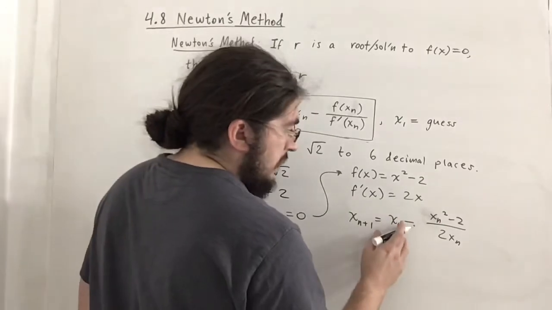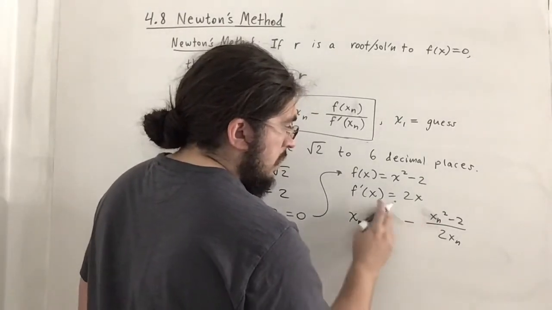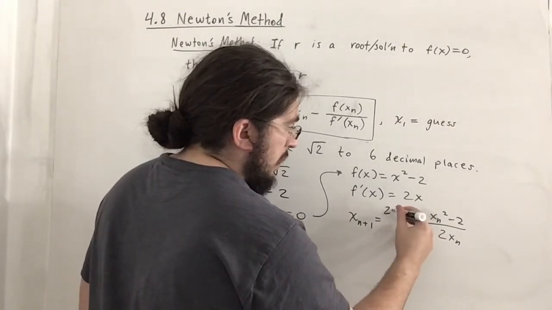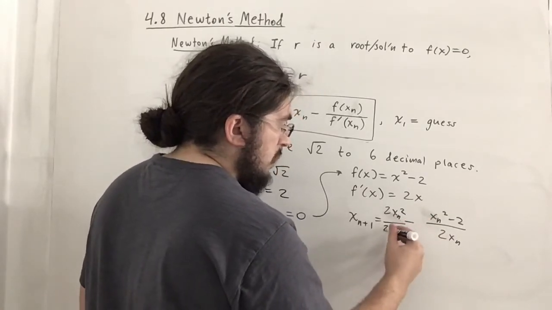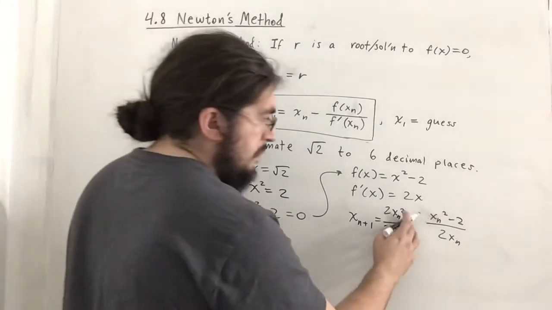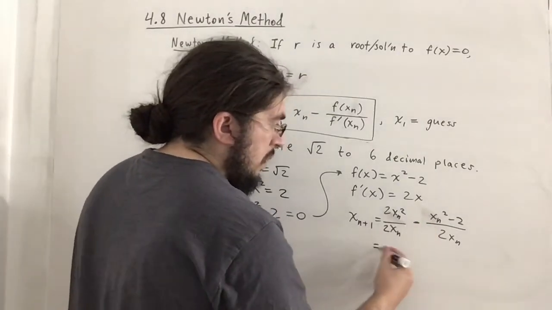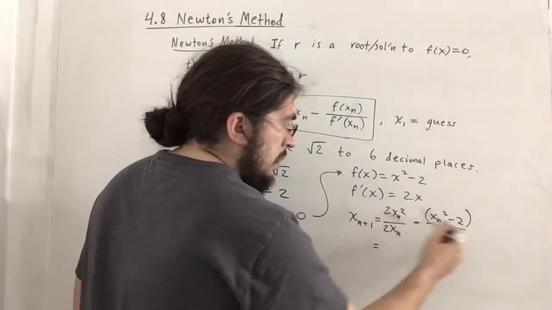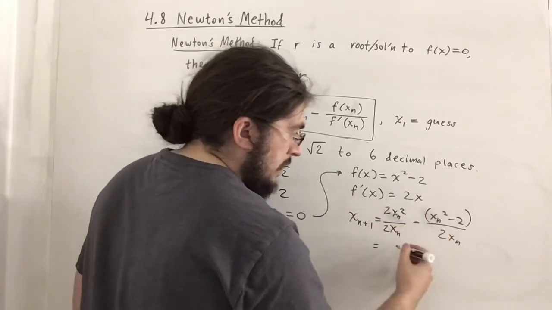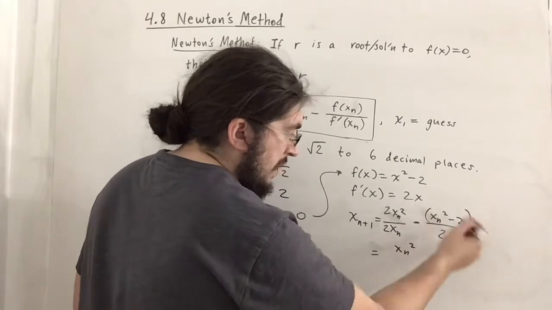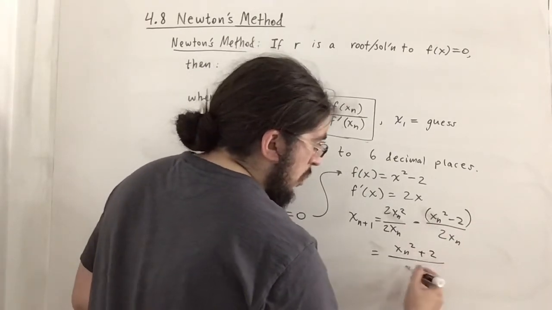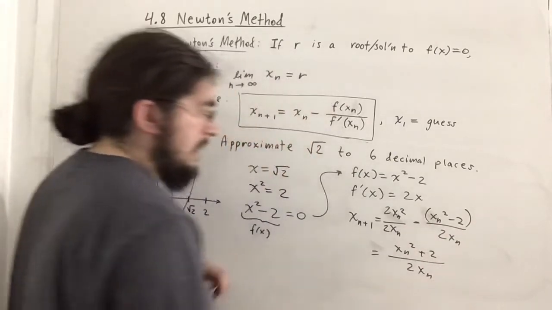So I'm going to rewrite this x_n as 2x_n squared, because I'm multiplying top and bottom of that fraction by 2x_n to get that common denominator. Perfect. So now we can write this as 2x_n squared minus x_n squared, which is 1 x_n squared. But then the negative distributes, so we get plus 2, all over 2x_n, like that.